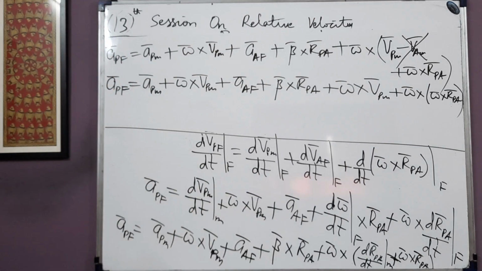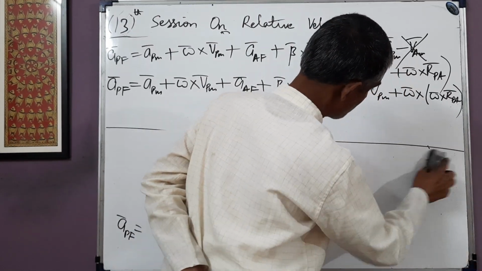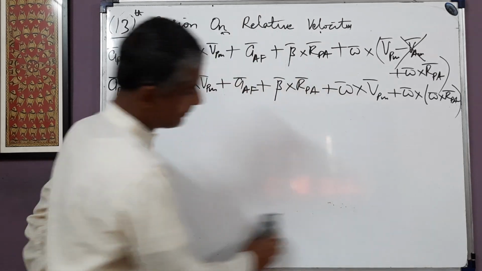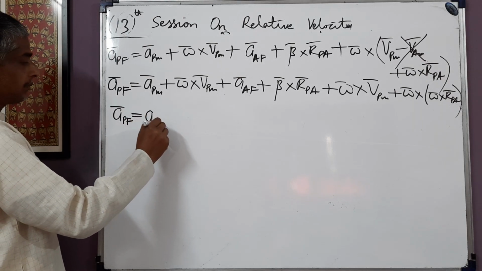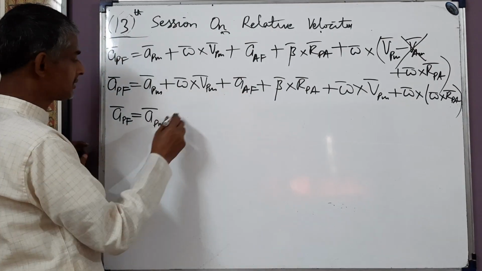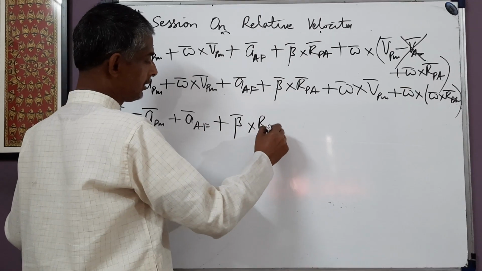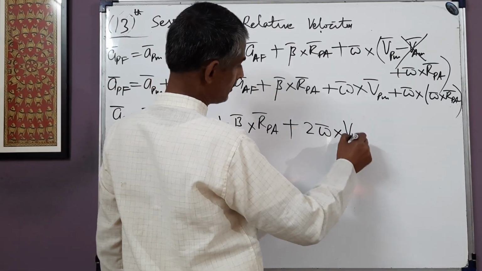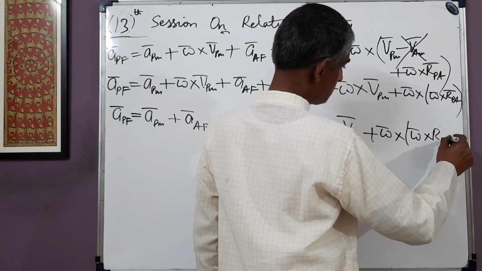Alright, so we get APF is equal to APM. We rearrange the order of terms: APM, then AAF, plus beta cross RPA, plus 2 omega cross VPM, plus omega cross omega cross RPA.